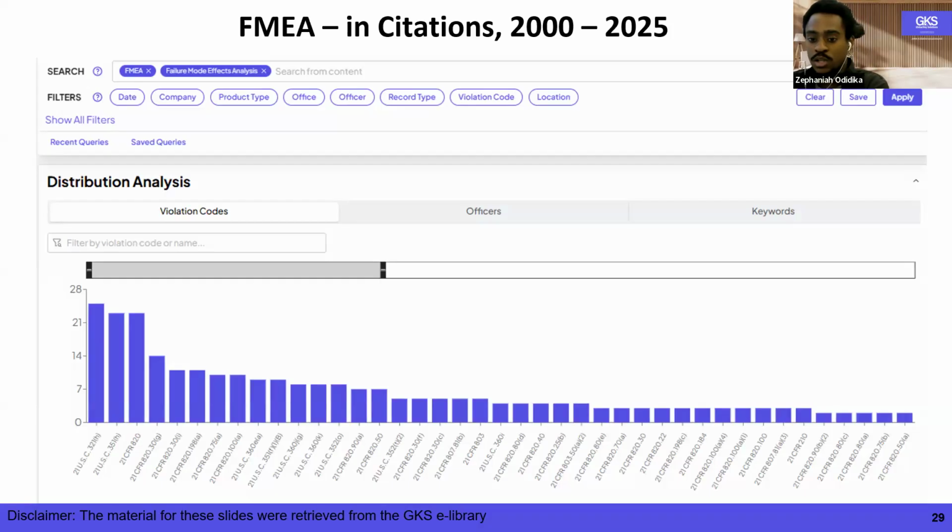Top citations such as 21 USC 351 and 352, along with key 21 CFR 211 sections, often stem from weak and missing risk analysis. This uncovers that failure to implement and maintain robust FMEA processes can lead to lasting regulatory consequences. Properly executed FMEA is proactive CAPA. It is the first line of defense, especially for helping prevent recurring issues before they escalate into warning letters.